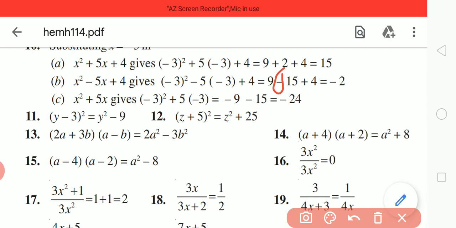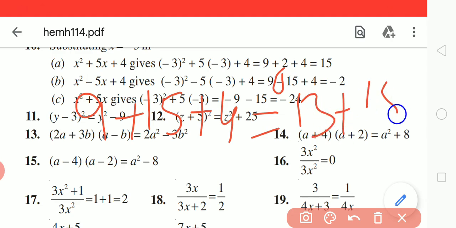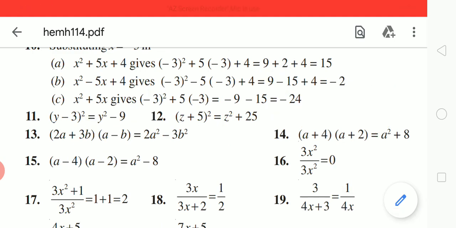So this is the correction in this solution, and the correct form will be 9 plus 15 plus 4, and if you add you will get 13 plus 15, that is equal to 28, right? So this is the correct form, and circle this minus.